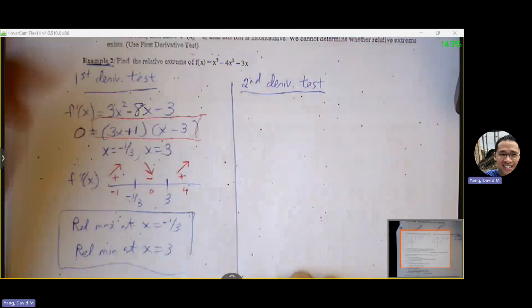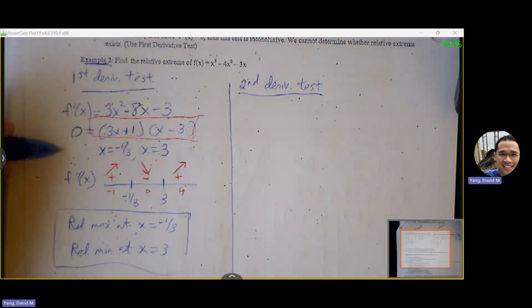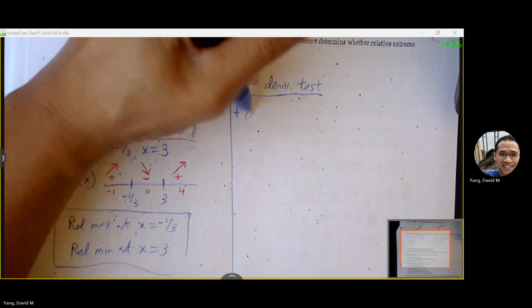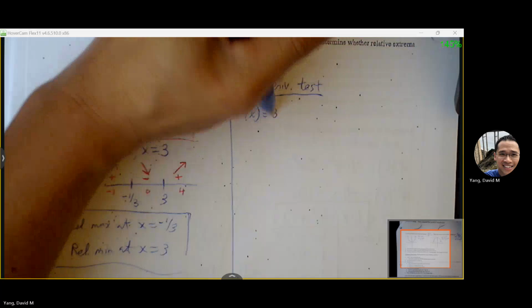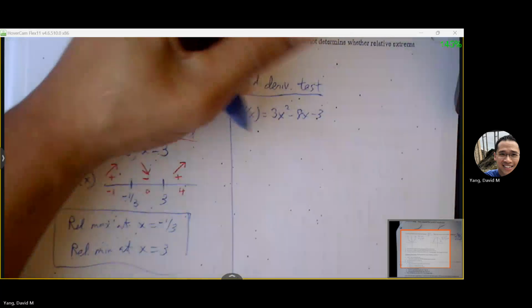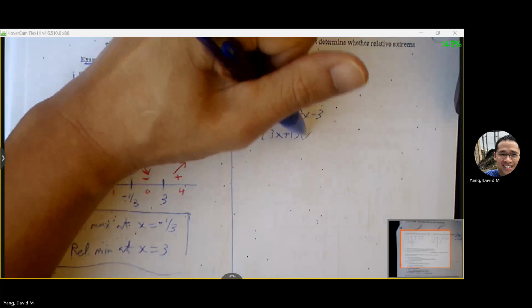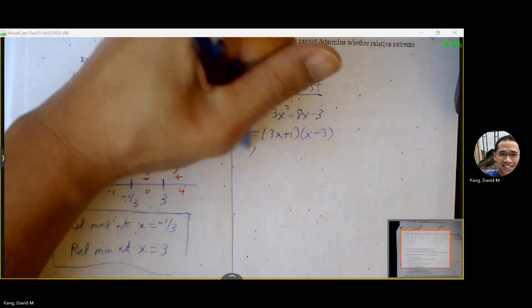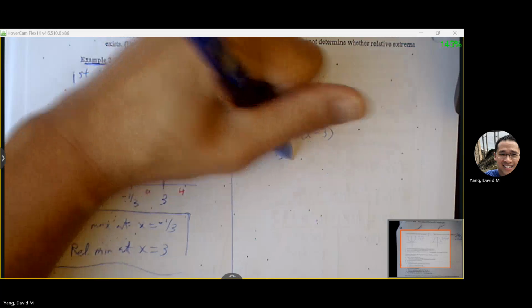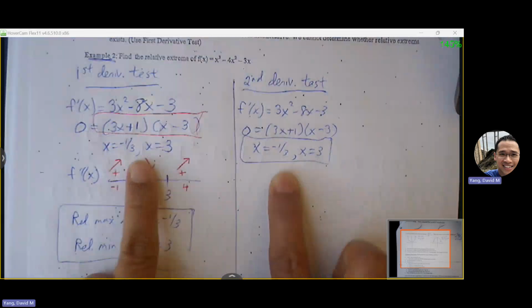Let me show you from beginning to end so we can see all the steps. The first steps will be the exact same. You're finding f prime, you're finding critical points. Right, same candidates.